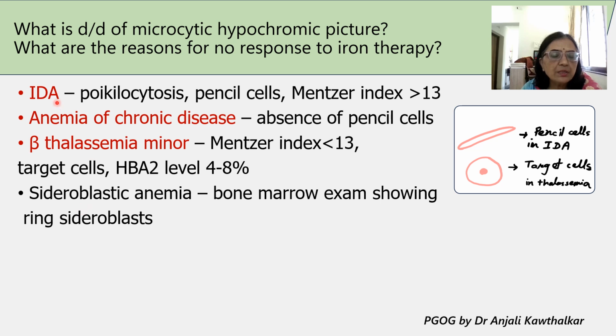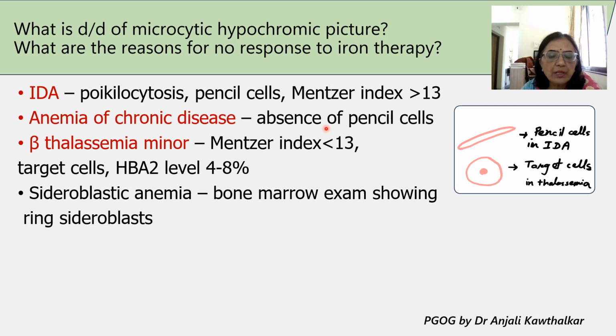Out of these, if it is iron deficiency anemia, poikilocytosis is present, that is, the shape of the cells is variable. Anisocytosis, where the size of the cells is variable, is also present in iron deficiency anemia. And we can get pencil cells like this in iron deficiency anemia. And as we have already seen, the Mentzer index will be greater than 13.